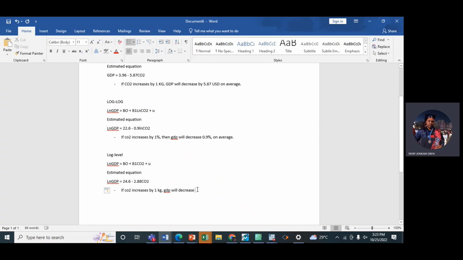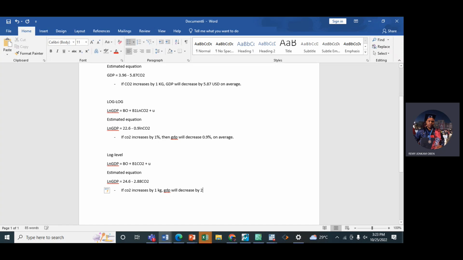So decrease by, here is lean, so we have to use percentage. But since it is log level, we'll multiply this coefficient by 100 before using the percentage. So you know 2.88 times 100 is like 288.